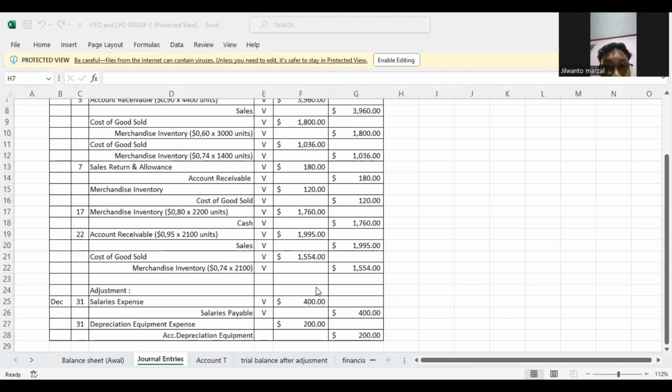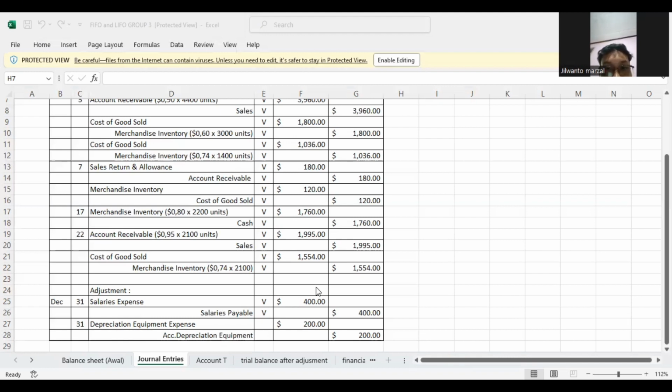Next, on December 2020, sold 2,100 units of inventory on account for $0.95 per unit. It sold 2,100 of the $0.74 units. So the journal will be accounts receivable, $0.95 multiplied by 2,100 units. It equals $1,995.